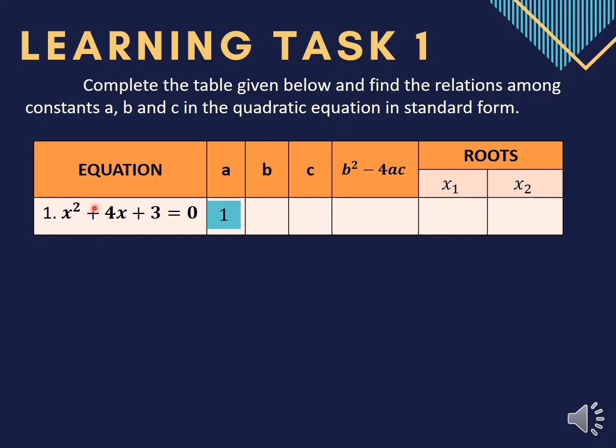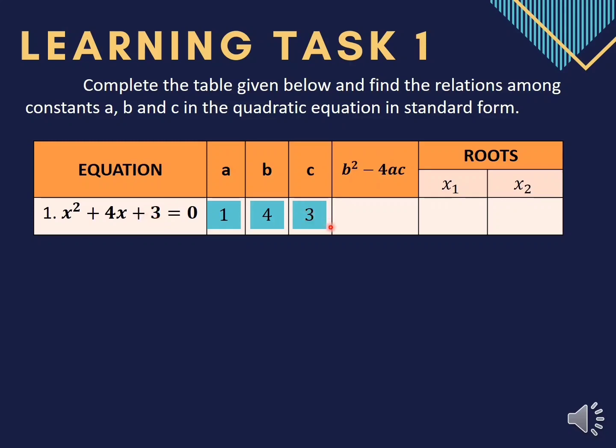Our linear term is positive 4x, so the numerical coefficient is 4. Therefore, b is equal to 4. How about c? c is always the constant term, and the constant term is positive 3.